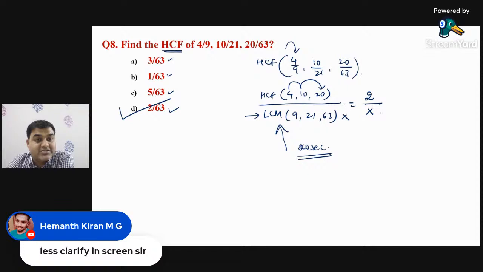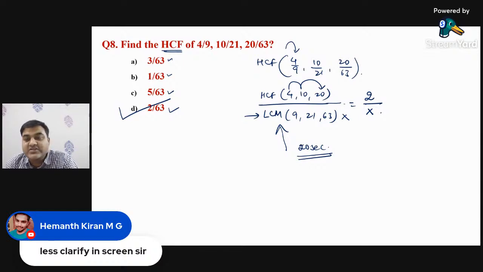Less clarity in screen. Okay, Hemant is telling less clarity in screen. Okay, let me check. Screen clarity is less, is it? Probably at my end it is working well.